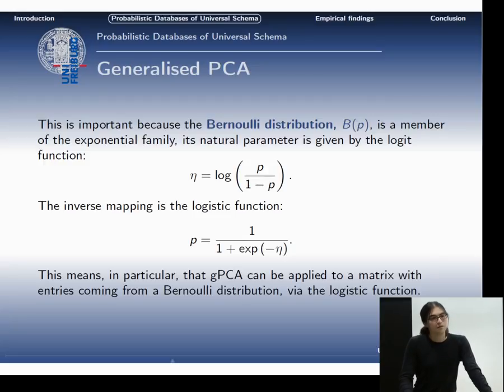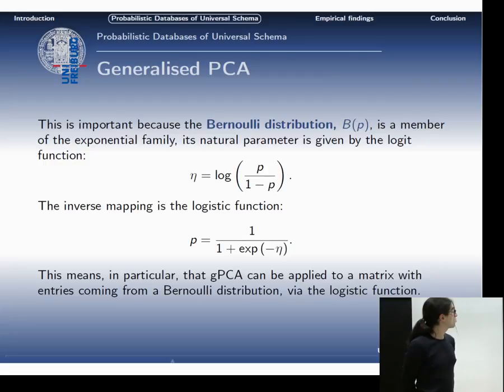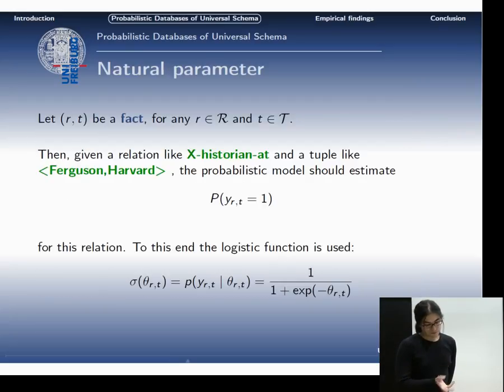So we can apply this technique to the matrix we have just constructed by simply using the logistic function to transform our information from the zeros and ones observed to this new parameter space. And we will see, well, this is basically the same I have just said, just with an example there.